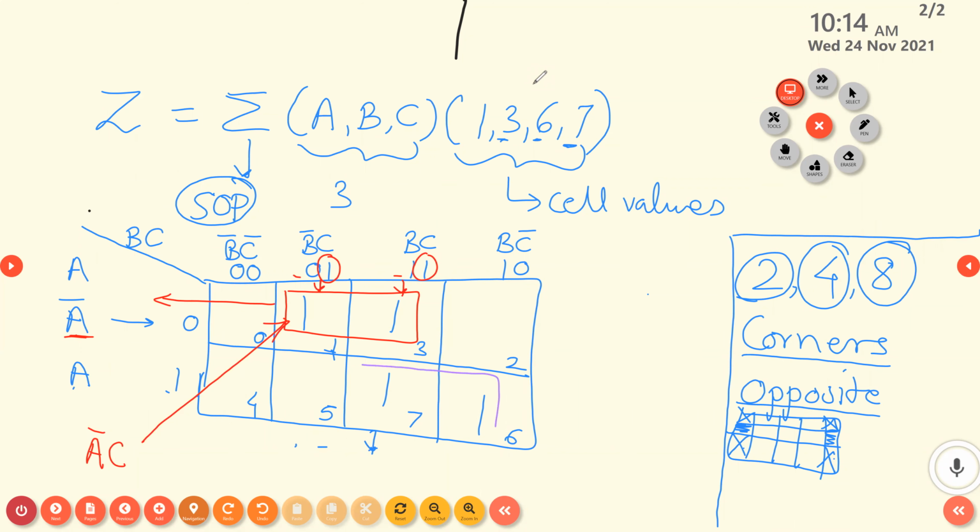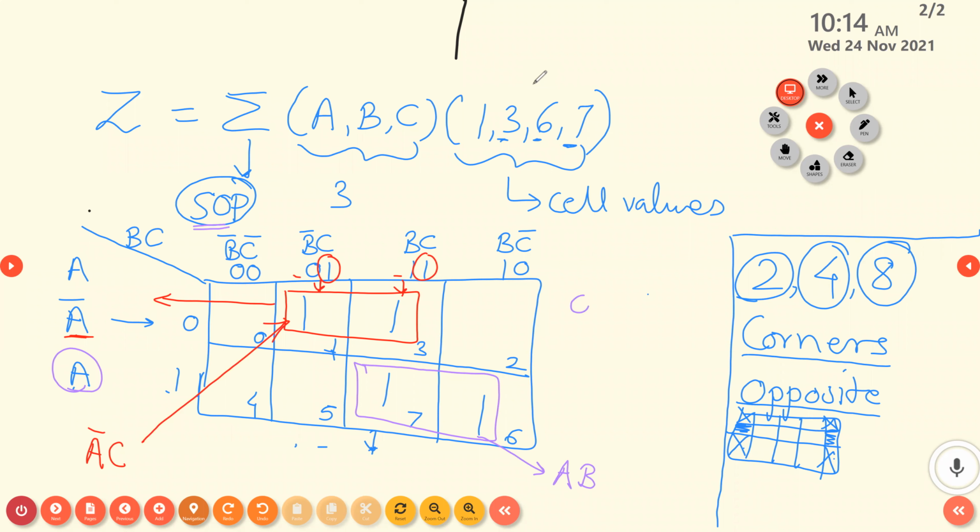Now second group. I can make this second group. Row wise, what is the value? Only A. Column wise, which value is constant? B. So what is the expression? A B. Now which form is it? SOP. So what will be the final expression?